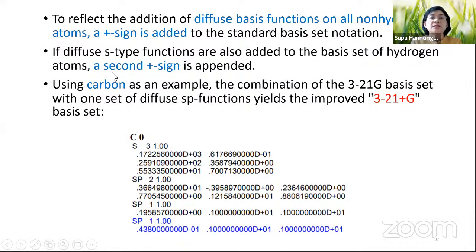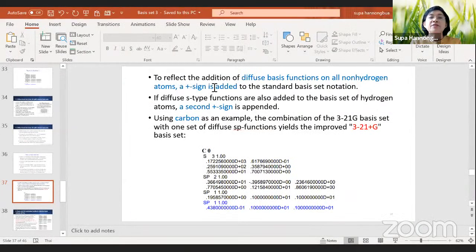To reflect the addition of diffuse basis functions on all non-hydrogen atoms, a plus sign is added to the standard basis function. And if there is a diffuse s function on hydrogen atoms, then you put the second plus.